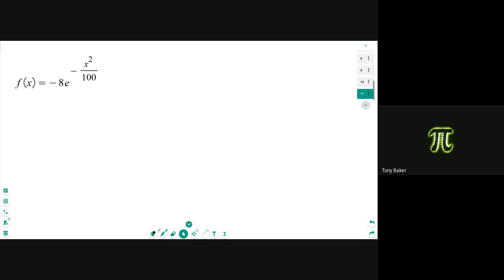There's nothing in the bottom there. All right. So first thing we have to figure out is intercepts.